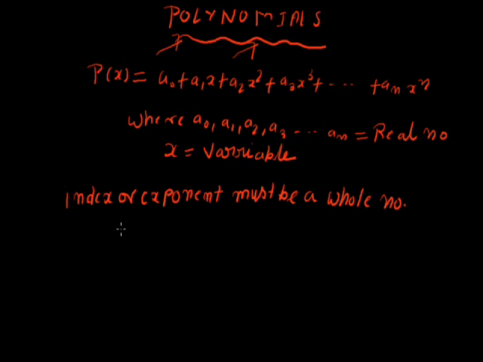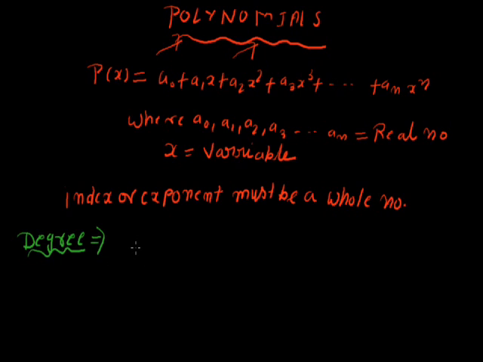Okay, after this we come to the degree of the polynomial. It is our next topic. So what is the basic meaning of degree of polynomial? Degree is the exponent of the highest power of x in which our polynomial is defined.